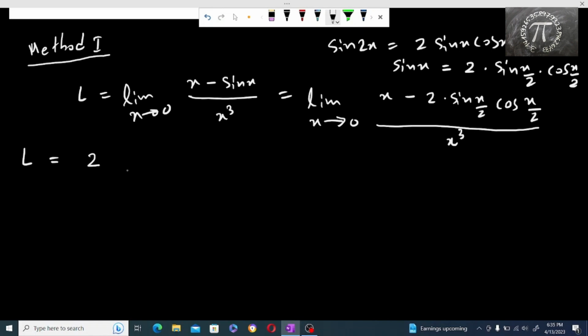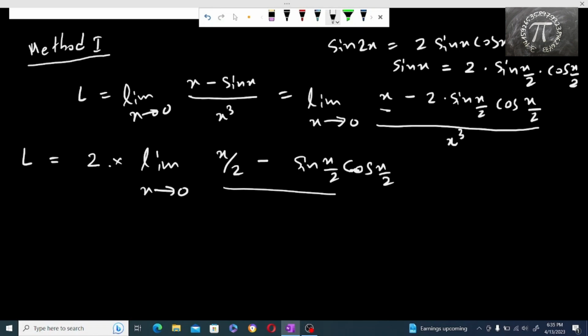There is no 2 in the x, so we have to divide by 2: x divided by 2 minus, taking the 2 out as a factor, sin(x/2) cos(x/2), dividing the whole thing by x to the power 3.